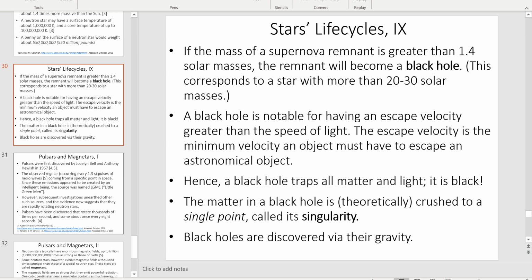An example would be what's called Sagittarius A star, which is the region which we think is a black hole at the center of our galaxy, the Milky Way galaxy. There are, I always forget how many, something on the order of a dozen or more stars orbiting a very small region.